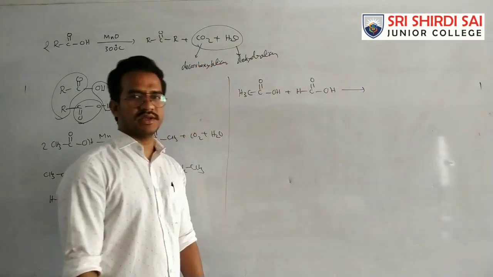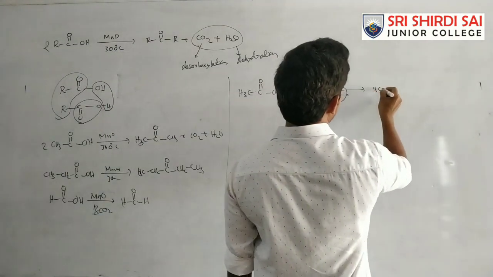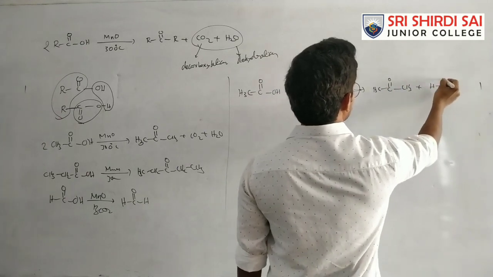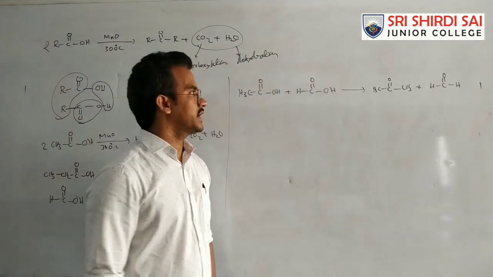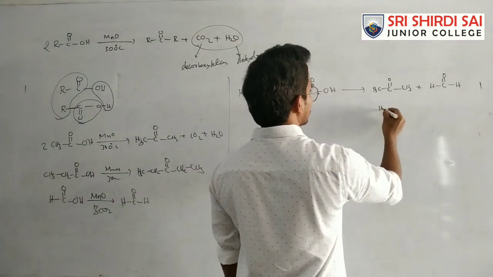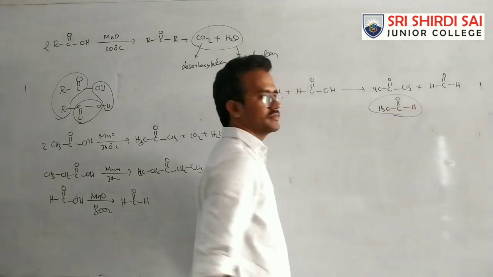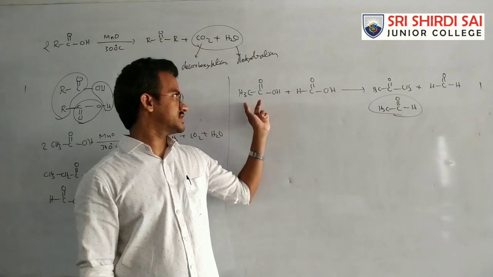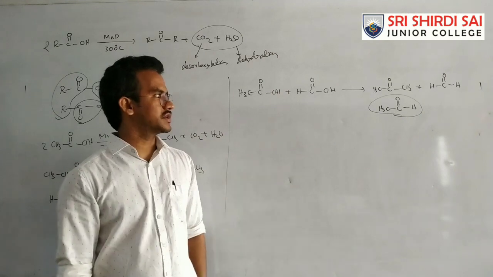In this case CH3COCH3 is the cross product as a direct product, and formaldehyde is also a direct product. The next cross product is CH3CHO, acetaldehyde.